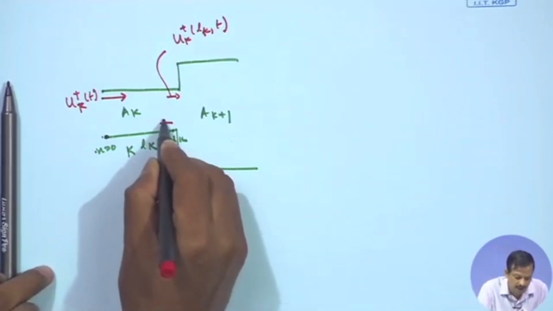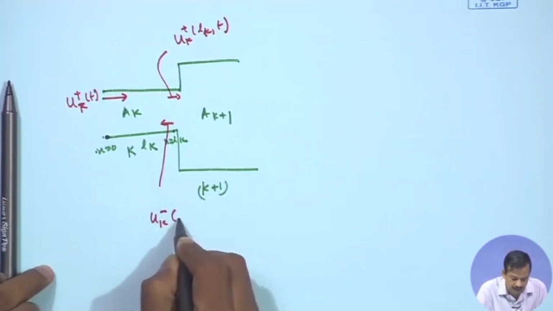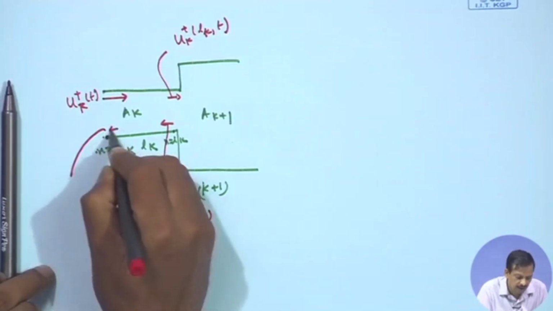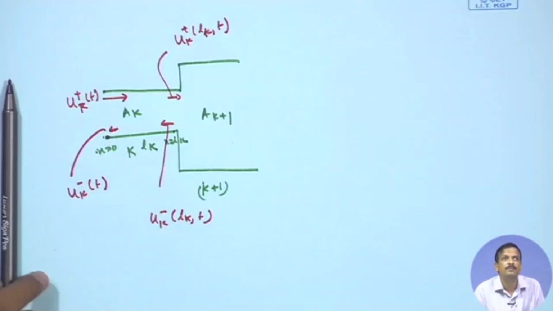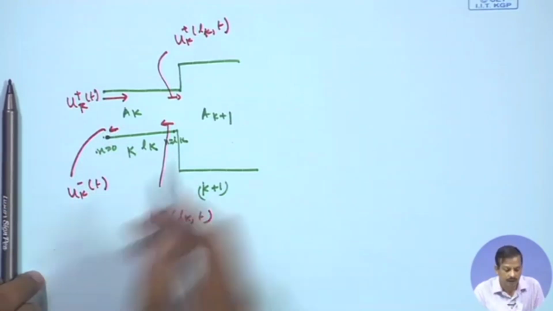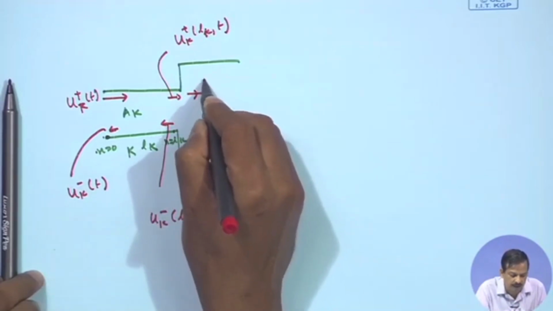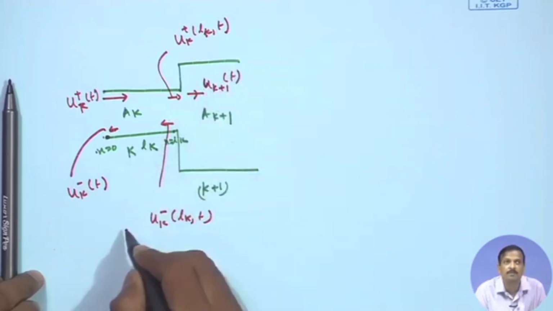Backward wave in here is nothing but u_k minus (t + L_k/c), and here it is nothing but u_k minus (t). Input of this tube here, forward wave is nothing but u_{k+1} plus (t).